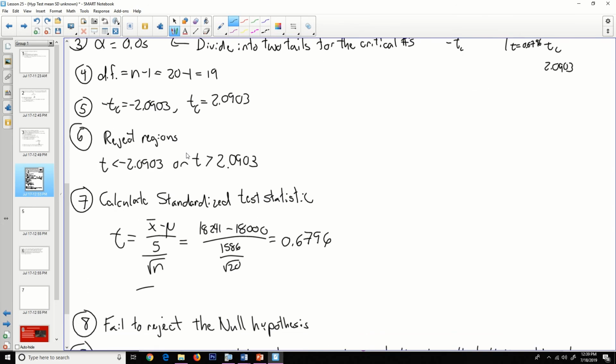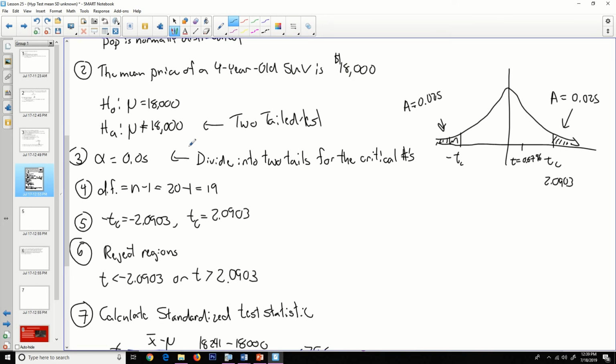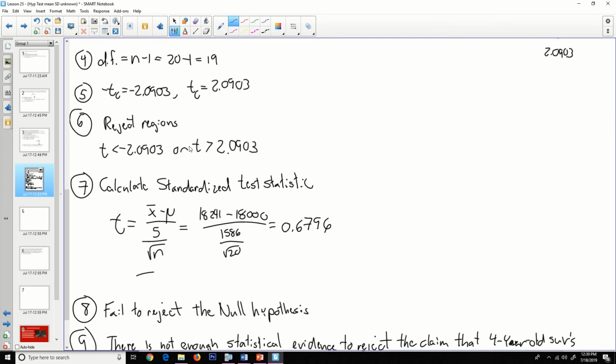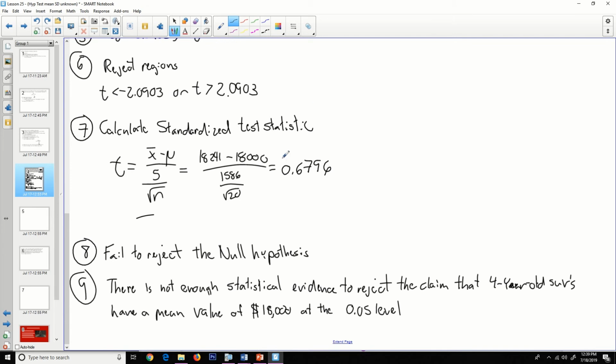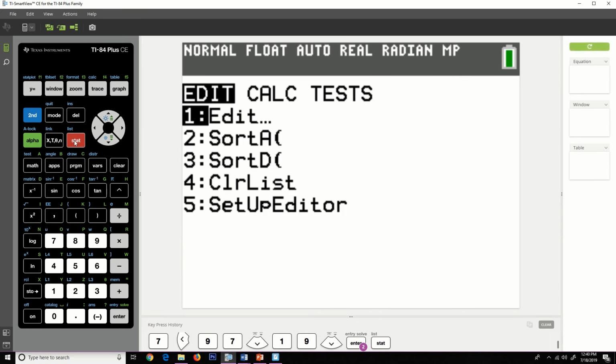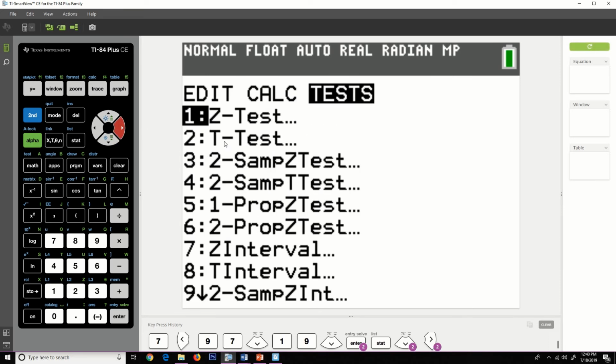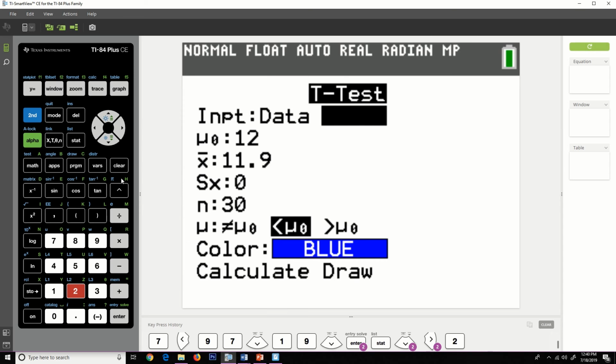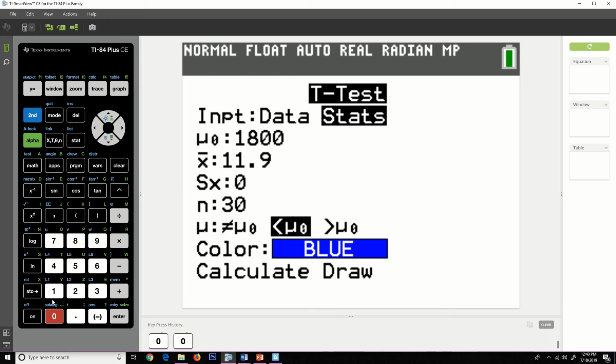Now, again, we went through and calculated all of these pieces just to get an idea of what goes into it. But as a practical matter, we can use the graphing calculator again and hit stat, go over to tests, and we do have a t-test, so we're going to hit 2, leave it on statistics. Our null mean we said was 18,000.